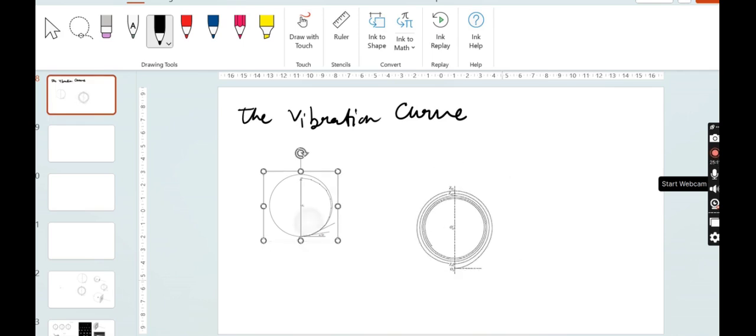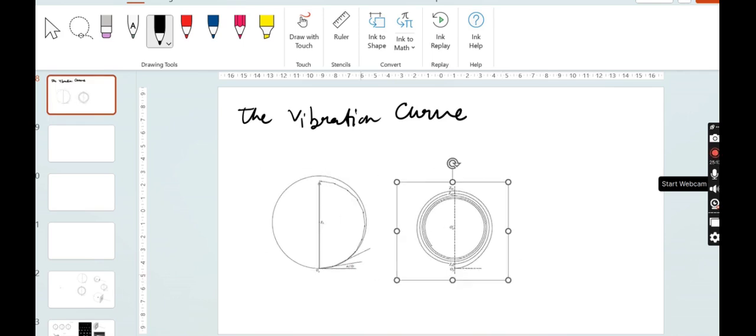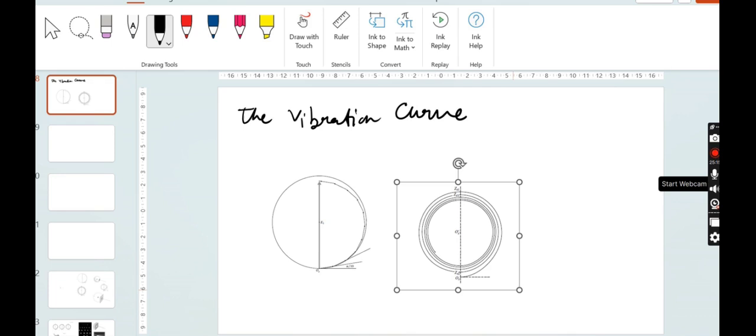So these are both examples of the vibration curve. And why is this important?